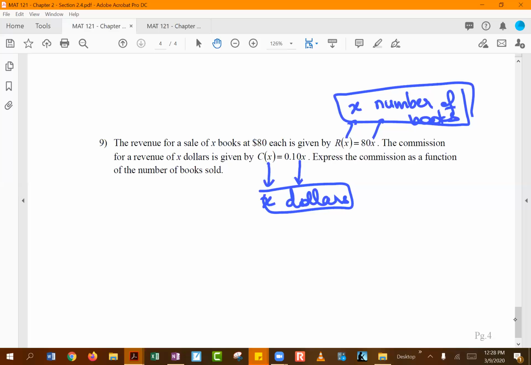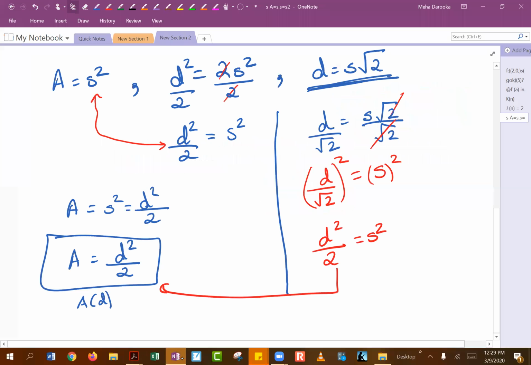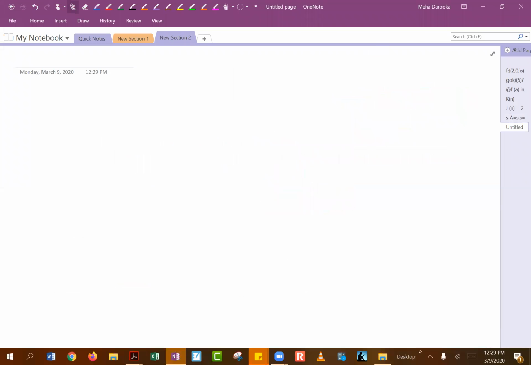What's the order of your composition? What's the outside function and what's the inside function? The inside function would then be the revenue, the R function. Very good. That's exactly what they're asking you to do.